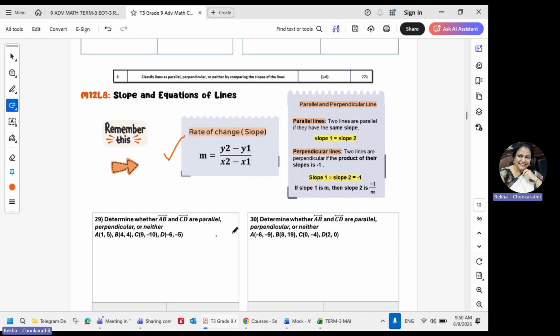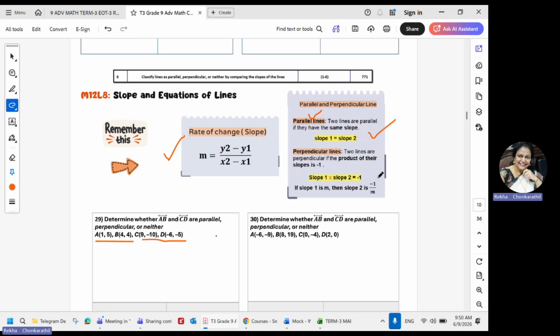And if there are 4 points, first find the slope of the first 2 points and then the slope of the other 2 points, and check if m1 and m2 are equal. Then we say the lines are parallel. If m1 and m2 are not equal, try to multiply them.